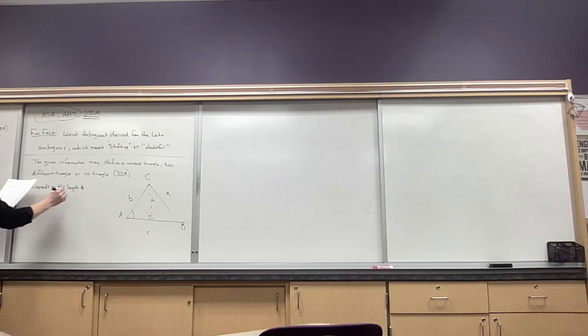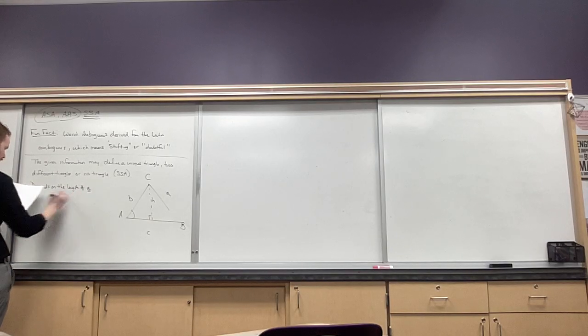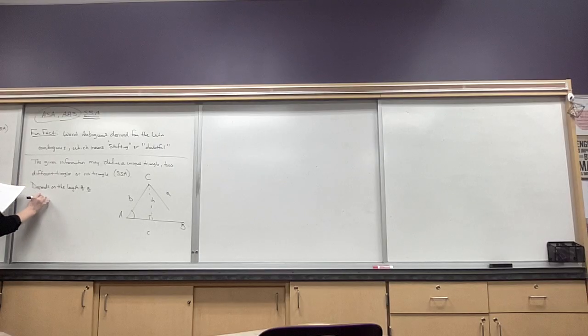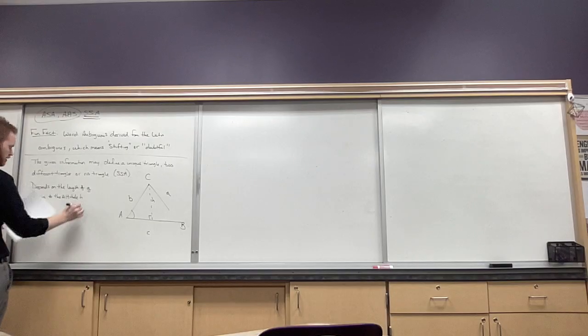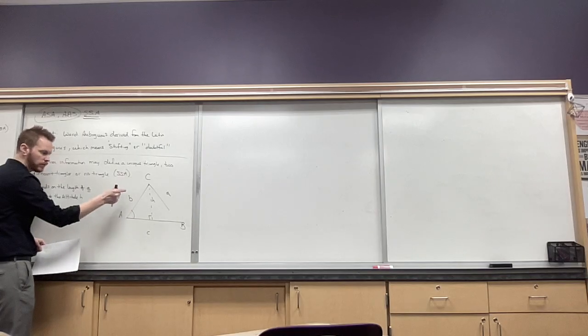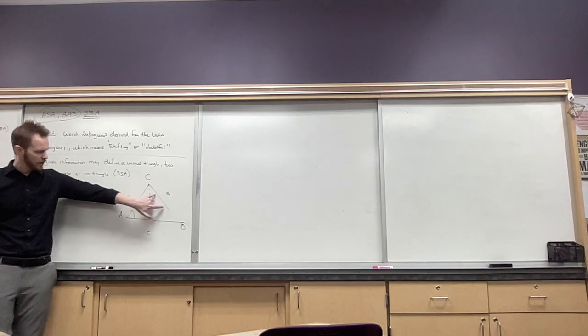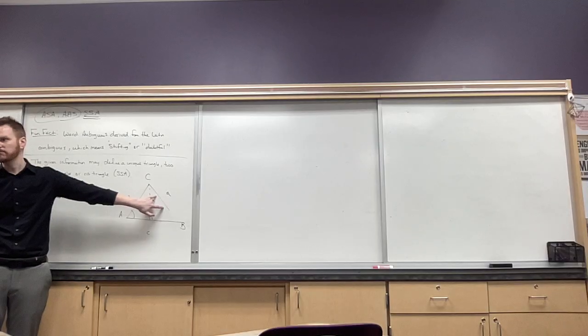So it depends on the length of side a relative to the altitude, h. So again, side, side, angle: I know this, this, and this. However, for this length, there's a couple things that could happen with it.